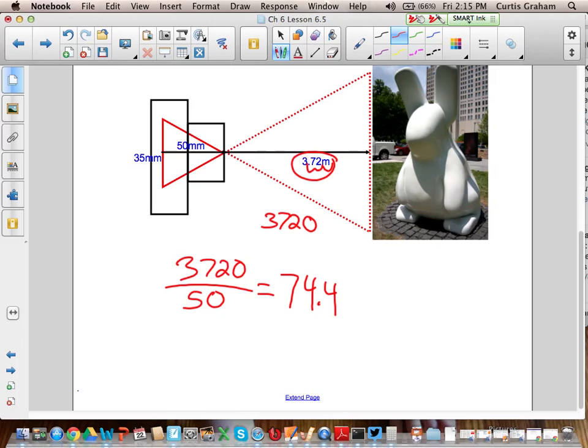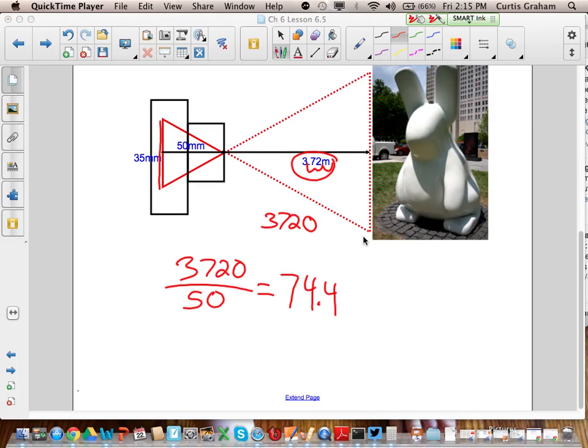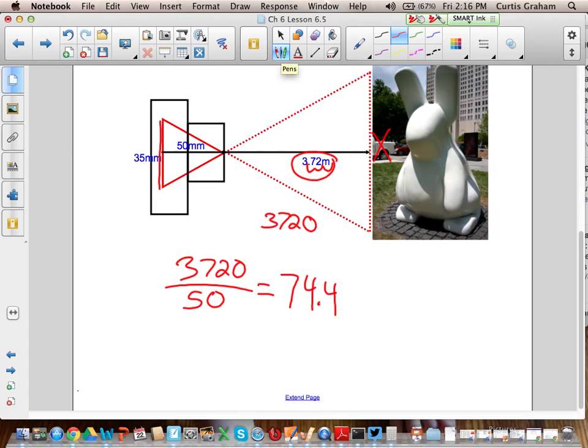Okay? Now, this side right here is 35. It is proportional to this side, which I'll label as x. So let's take a look at what that would look like. I'll put my x over 35. I know this should equal 74.4. So multiply both sides by 35. Okay, and let's see what that is.